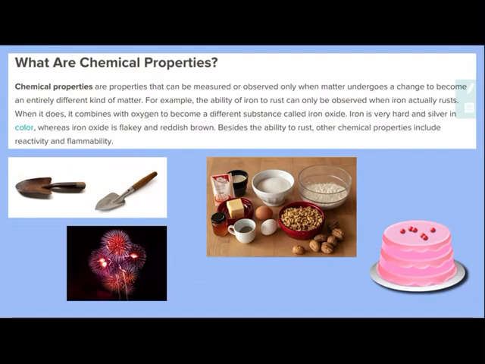So they're saying here the ability of the iron to rust. So this little picture here of the shovels: the one on the right, very clean, shiny, nice iron. You leave it outside, air gets to it, water gets to it, and it rusts. That rust is called oxidation, and so the iron now becomes iron oxide.